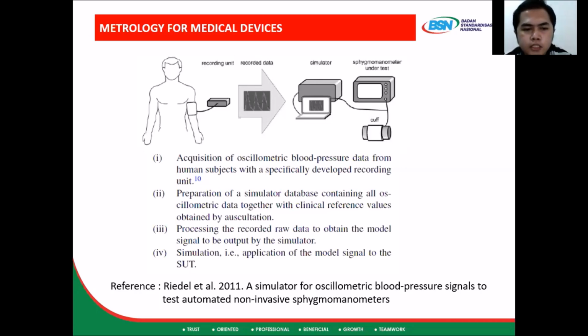And the final step is the simulation to the UUT, the sphygmomanometer under test. So this is the phase of testing the automated NIBP device.